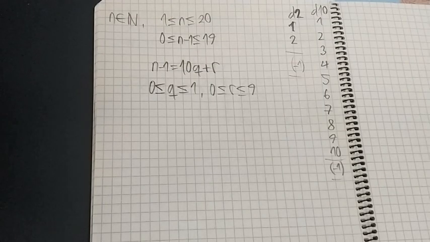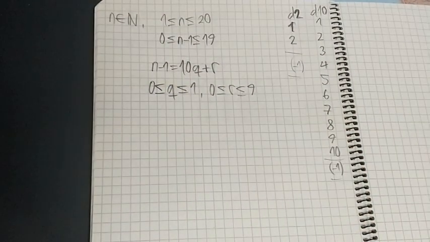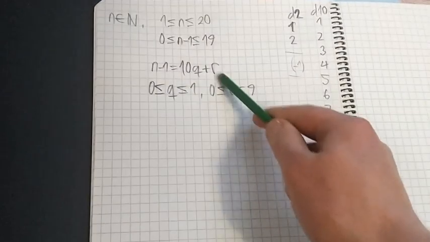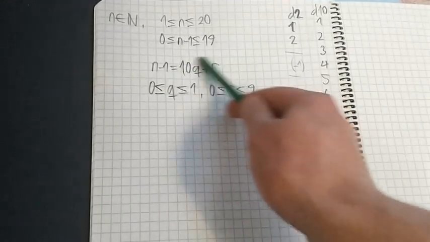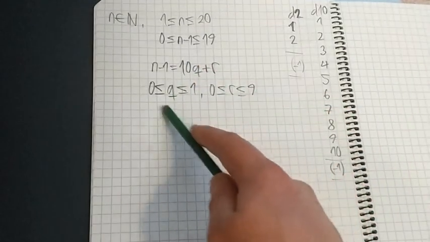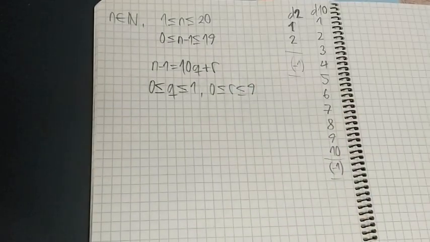comes from the division algorithm itself, and the fact that q is between 0 and 1 can be deduced by saying that if q were 2 or greater, this would be 20 or greater, and if it were negative, then this one would also be negative.